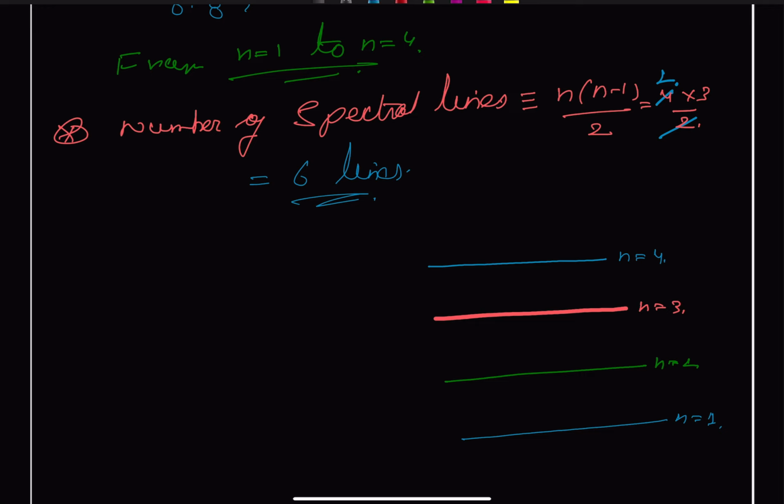So first of all we can say from 4 to 1, then we can say 4 to 2, and then we can say 4 to 3, and then we can say our 3 to 1, and finally we can write our 3 to 2, and the last one is from 2 to 1.